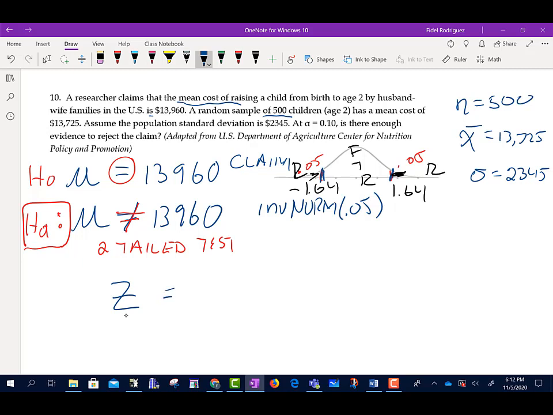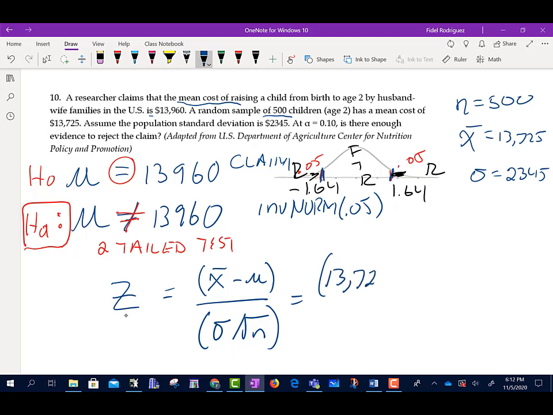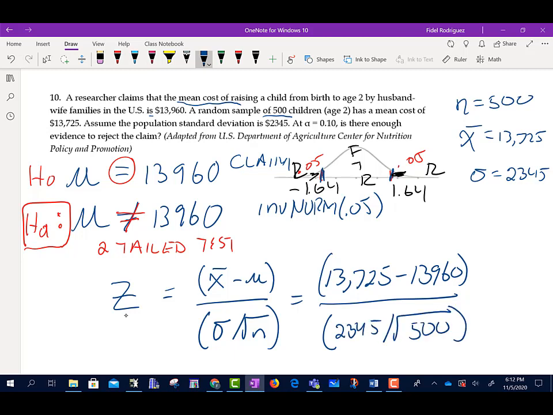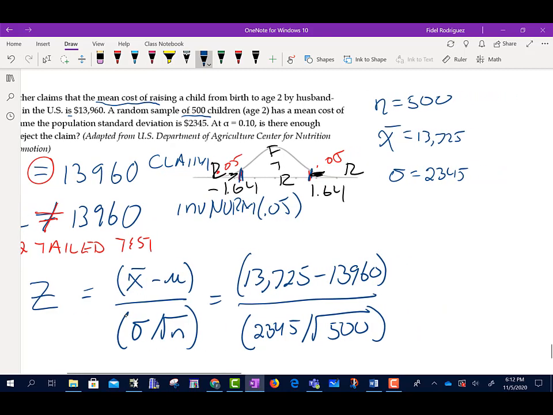So remember, it's going to be x bar minus mu over sigma divided by the square root of n. So I'm going to start writing this out. 13,725 minus 13,960 over sigma, which was 2345, divided by the square root of 500. Let's figure out what we end up with.